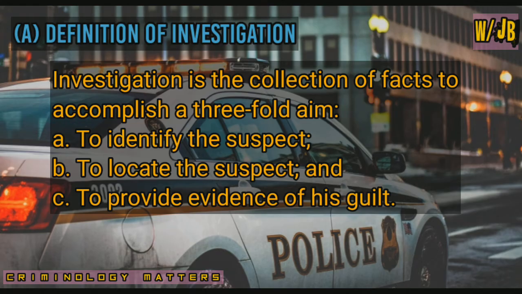And after the identity of the suspect has been established, we proceed into locating the suspect. And if we located the suspect, I do believe that the next move that should be conducted is, of course, to apprehend the suspect. Now, when the suspect has been apprehended, let us now look into prosecuting the case and providing evidence to prove the guilt of the suspect. Okay? So those are the aims of conducting criminal investigation.